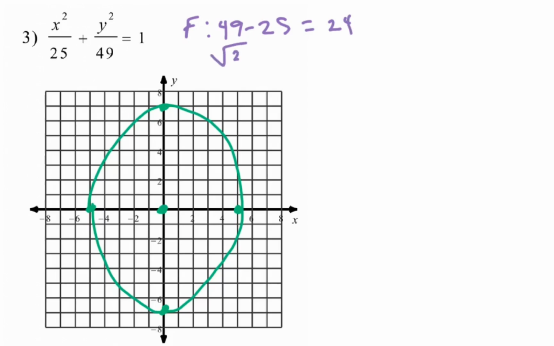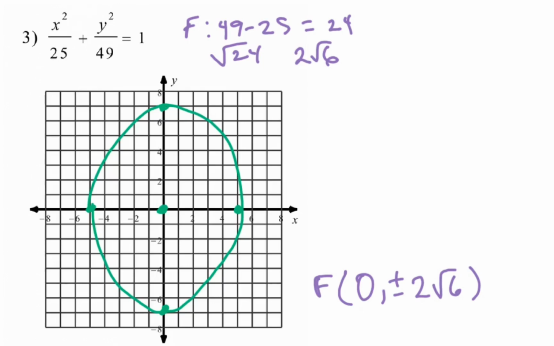And the square root of 24 is going to be 2 square root 6. So my foci are going to be 0, plus or minus 2 square root 6, because it's on the y-axis. 2 square root 6 is about equal to 4.89, so almost to 5. So that's where I'm going for my foci, so I'm going to label those.